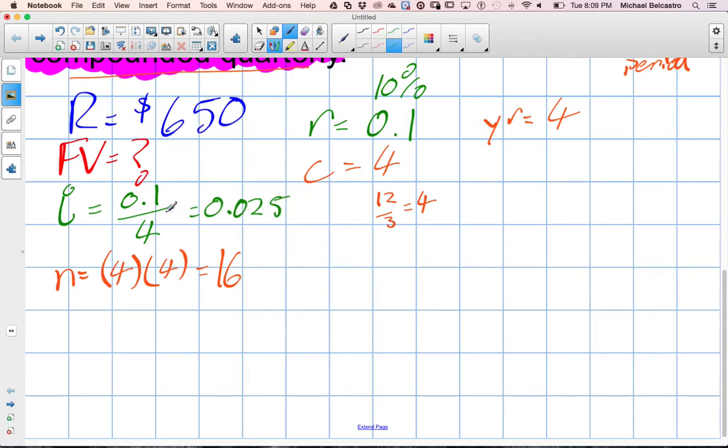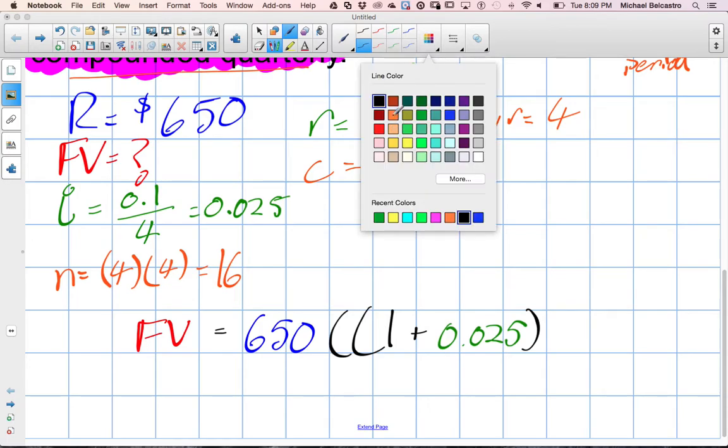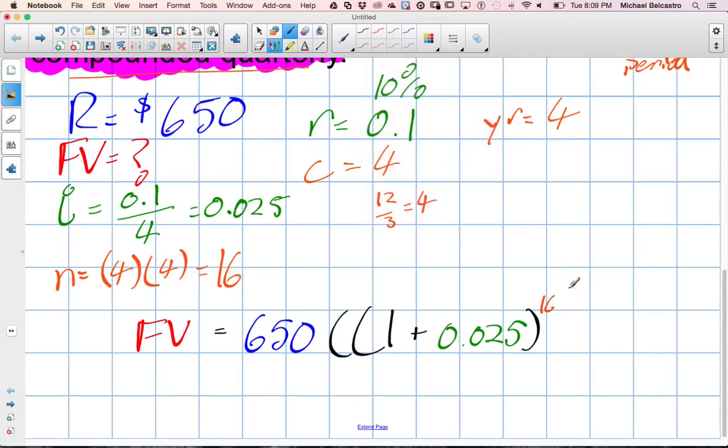Now it's just plugging into a formula and solving. So the future value is equal to the regular payments, our 650, times 1 plus our I value, which is 0.025, all to the power of our N value, 16, subtract 1, and then all of that is divided by the value of I again, 0.025.